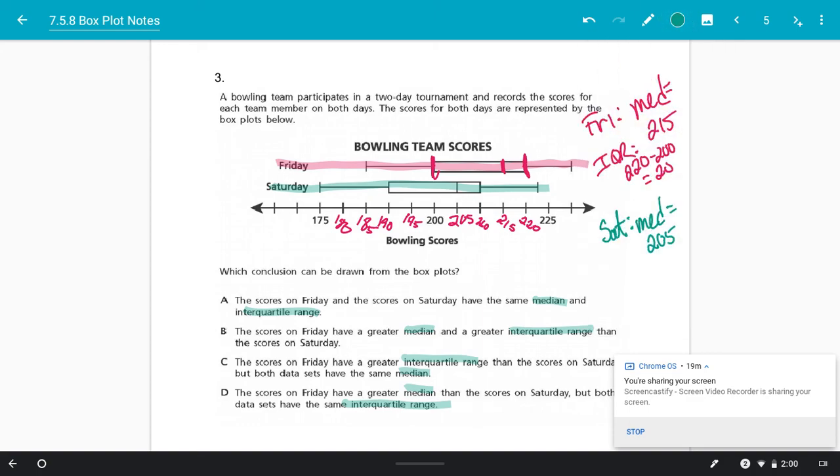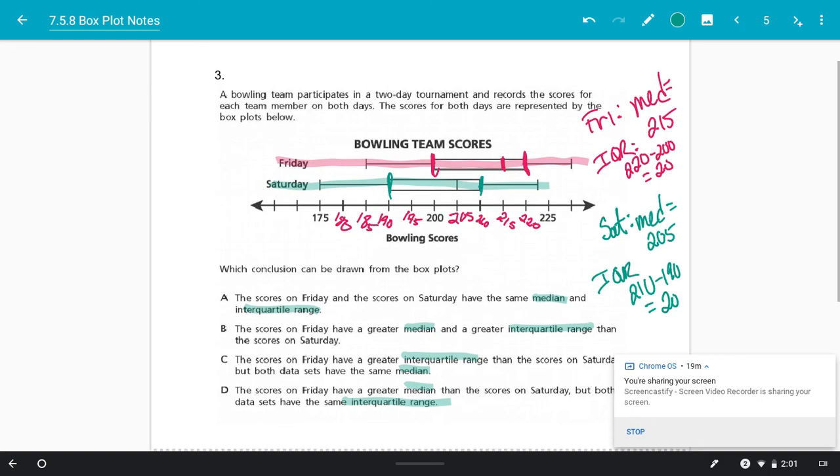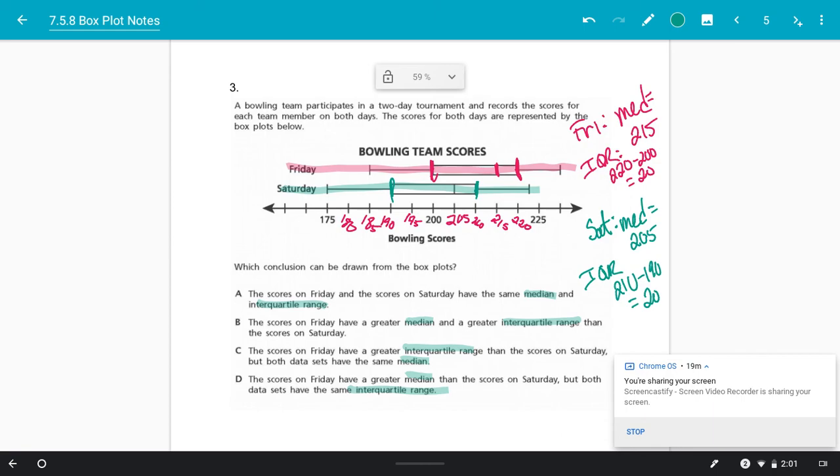Okay, then for Saturday, our interquartile range is going to be 210 minus 190, another interquartile range of 20. So they have the same interquartile range, but different medians. So let's go through our answer choices.